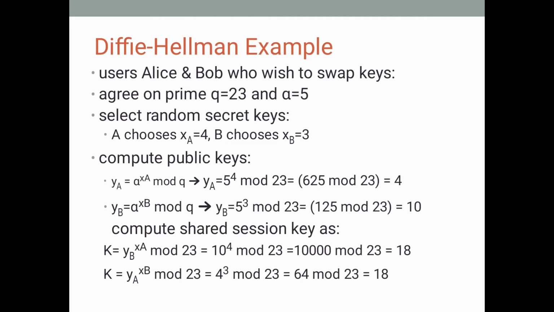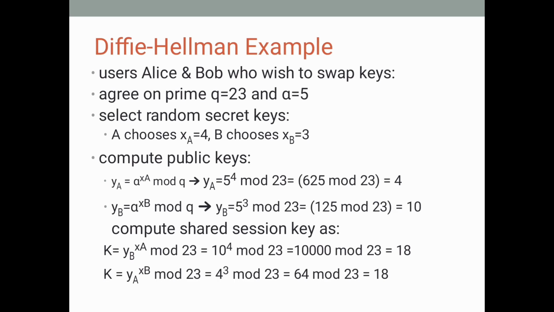Okay, then by using these values, we can compute the public keys. As you know, YA, the public key of A, is equal to alpha power XA mod Q. Alpha we know as 5, and XA we know as 4, and Q we know as 23.